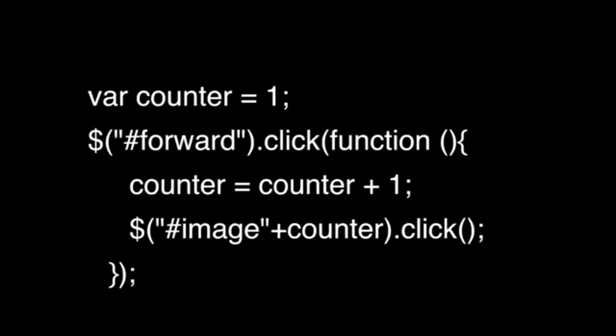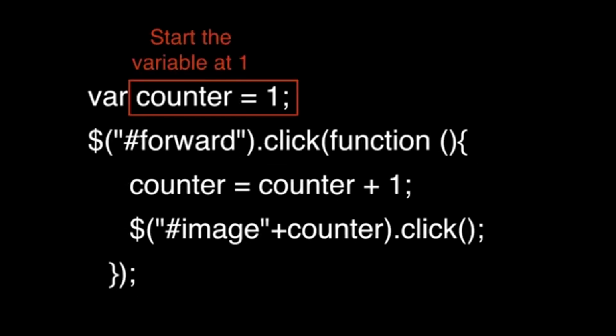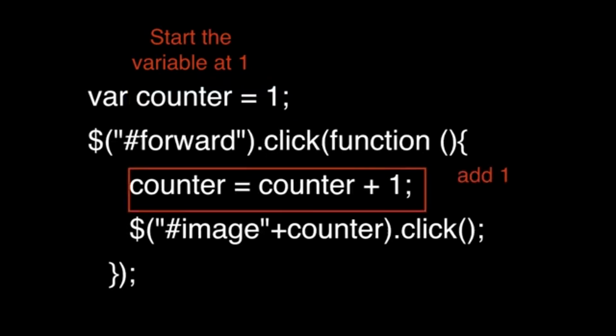Okay, so let's have a quick recap of that code, and I want to point out an important feature of it. So this is the code we were looking at. We create this variable, which starts at 1, very much like we did last video. Then we add 1 to it, again, exactly like last lesson.